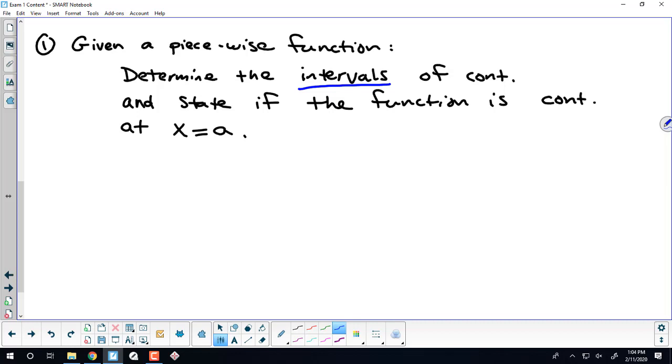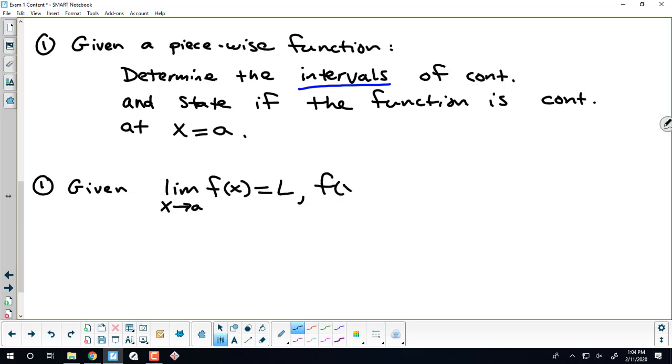And then one question from 2.7. So you'll be given a limit statement, generically, of course, that has the function in it, the graph, and an epsilon.